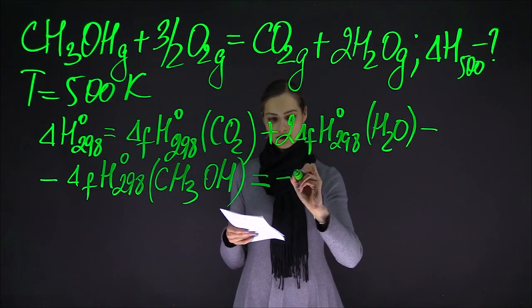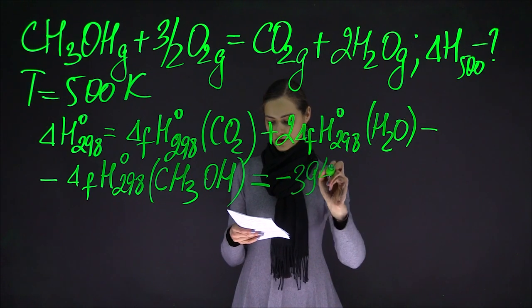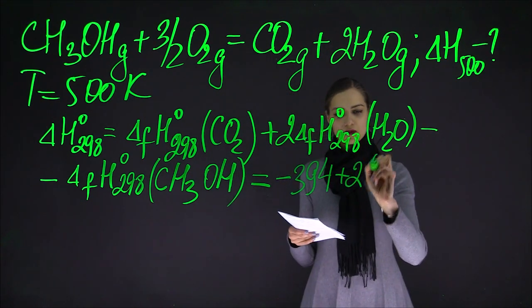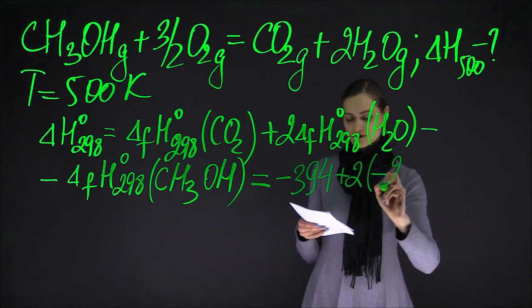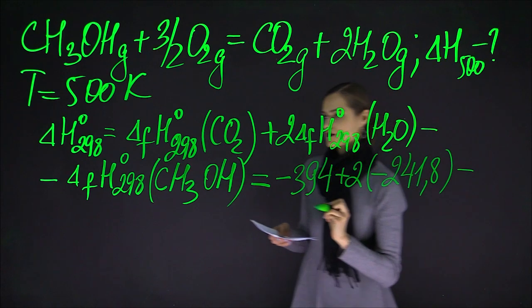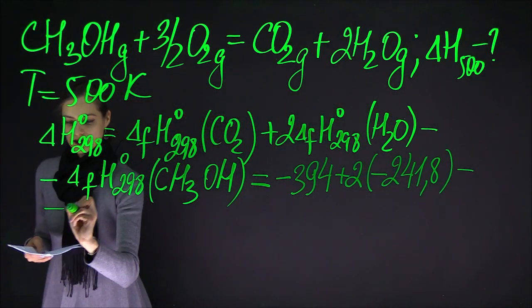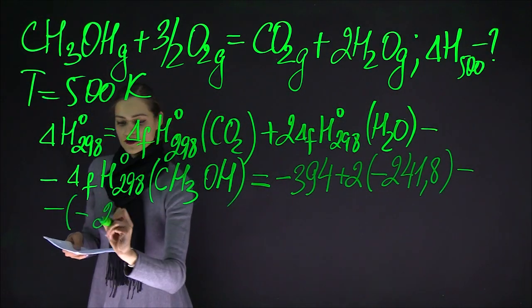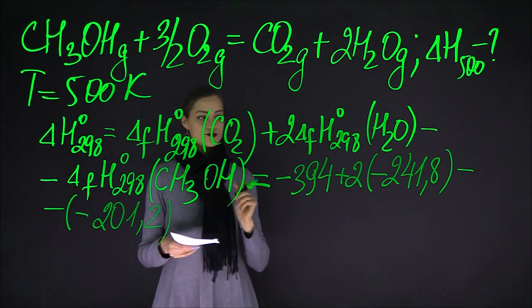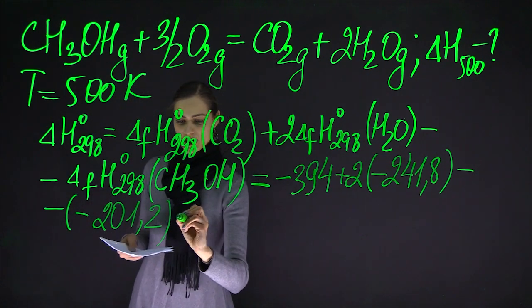Minus 394 plus 2 multiplied by minus 241.8, and then minus minus 201.2 kilojoules per 1 mole.